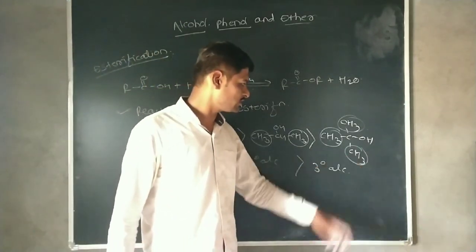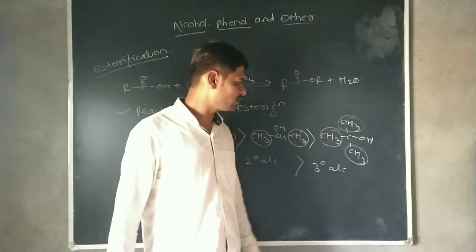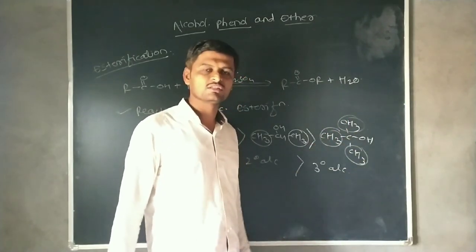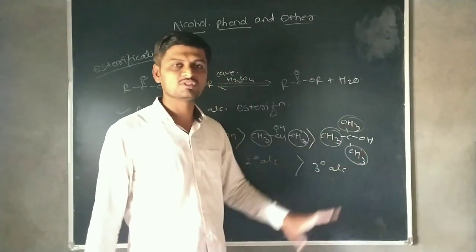Firstly we consider the tertiary alcohol. In this tertiary alcohol, there are 3 alkyl groups. Therefore, the steric hindrance of bulky groups is formed here.